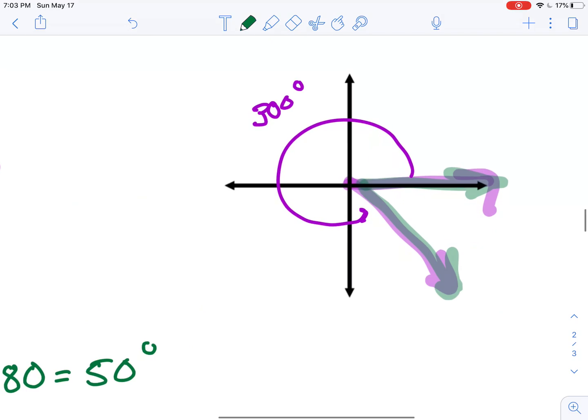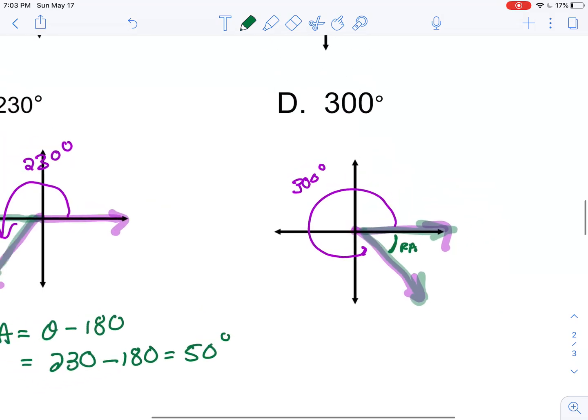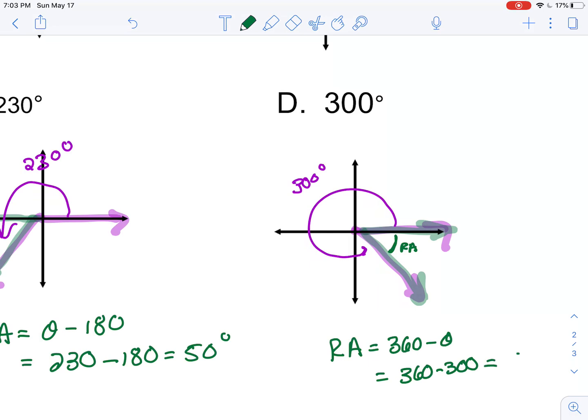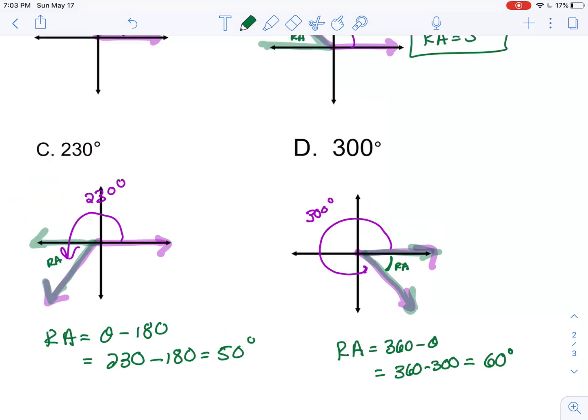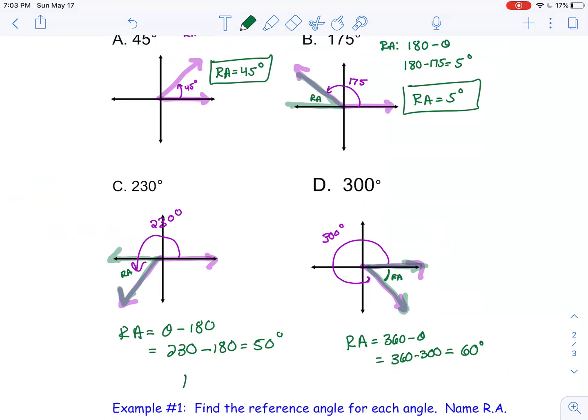So my reference angle is going to be this distance here. When I'm in the fourth quadrant, my reference angle is always 360 degrees minus theta. So it's going to be 360 degrees minus 300. So I will get a reference angle of 60 degrees. So here I have a reference angle of 50 degrees. Here I have a reference angle of 60 degrees.